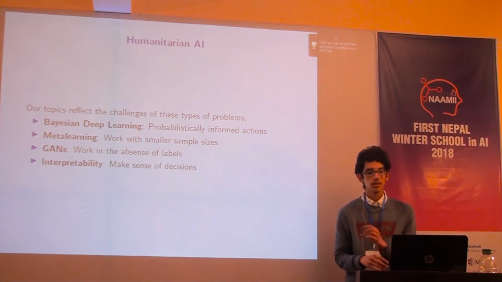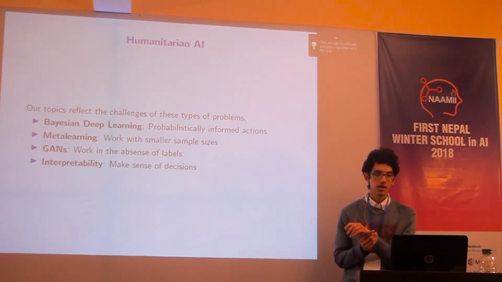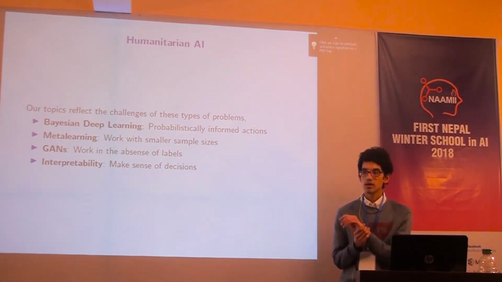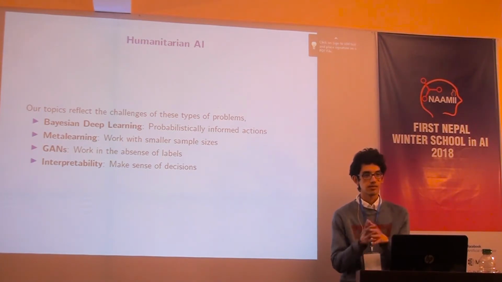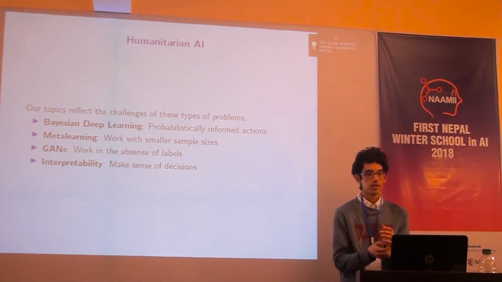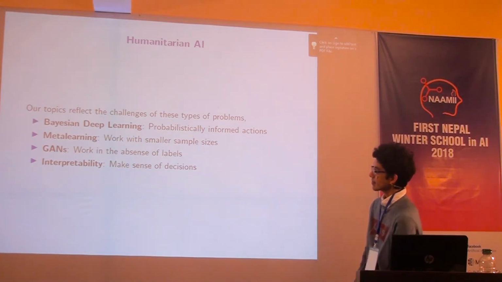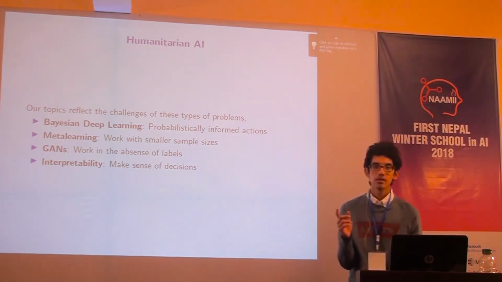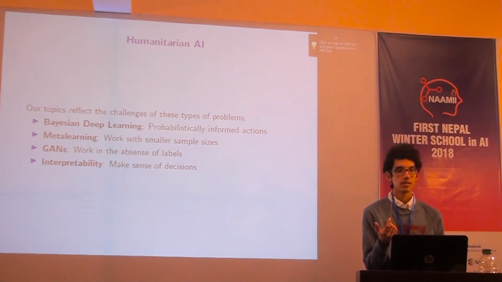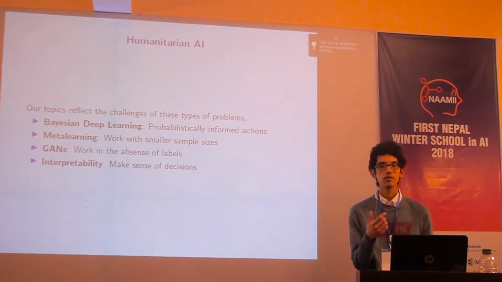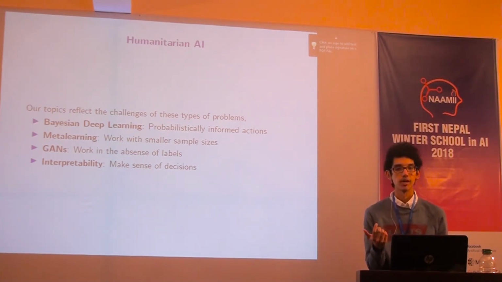Okay, and all the topics I'm going to be talking about tomorrow are linked to this acting-sensing duality, right? So Bayesian deep learning, the reason I think of this as being very related, especially to acting, is that it helps you inform your decisions in a probabilistic way, right?